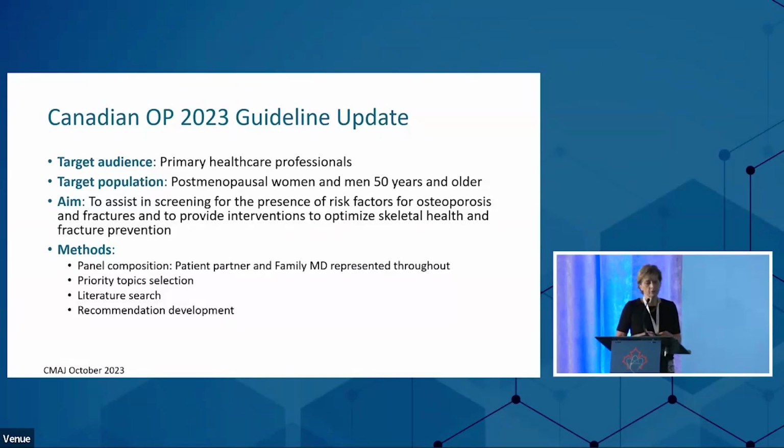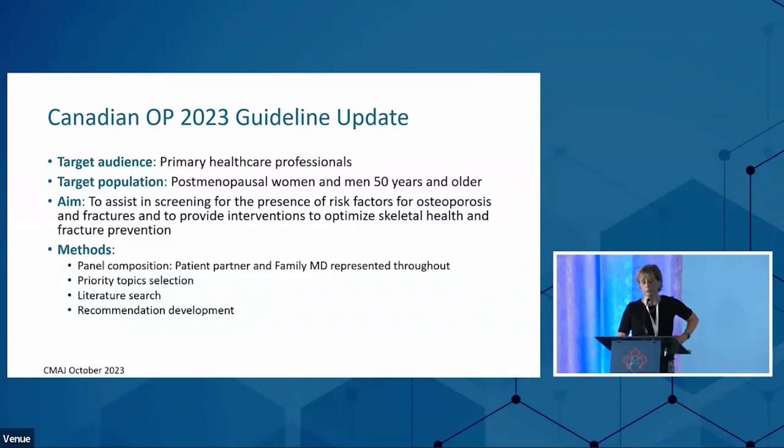So we used the GRADE approach, as I will show you, and we had various panels or working groups. On each of these panels, we had at least one patient partner and a family physician, to ensure that we had people with the lived experience and those who are going to use this guidance, and then a set of researchers, clinician experts in various topics.